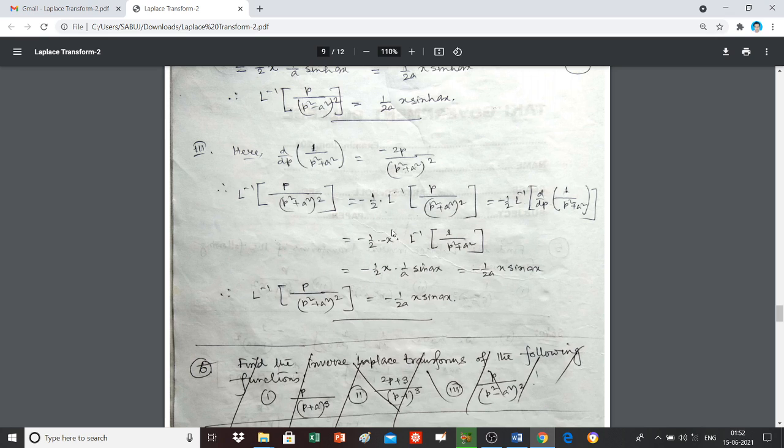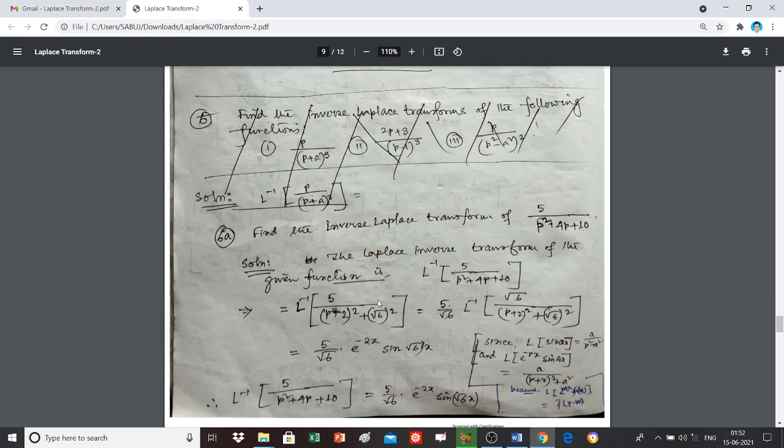So minus x to the power 1, because the result is minus 1 to the power n, where n is 1, so minus 1, then x to the power 1, then L inverse of 1 by p square plus a square. You know that the Laplace inverse transform of 1 by p square plus a square is sine ax. So finally you obtain minus 1 by 2a x sine ax. So the inverse Laplace transform of p by p square plus a square whole square is equal to minus 1 by 2a x sine ax.